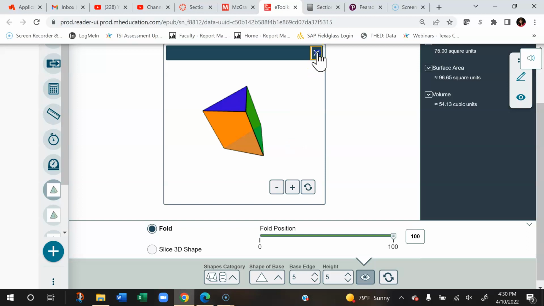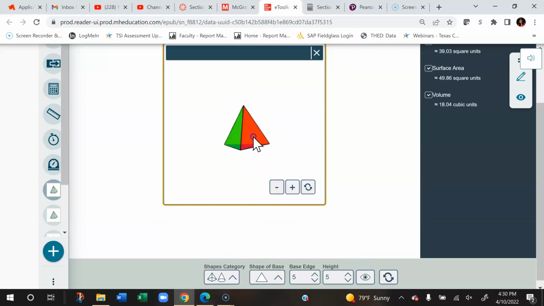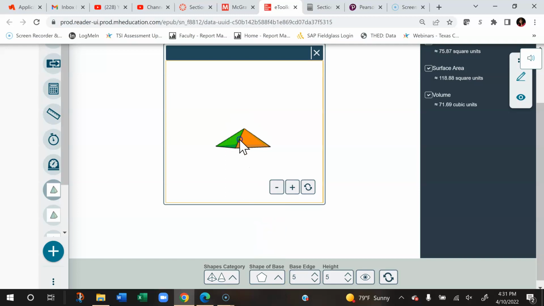Okay, let me get rid of all those. Okay, and let me come here. This is a pyramid, not a prism, because it has a base, this blue base, and then it comes up to the top. I'm going to change the shape of the base.